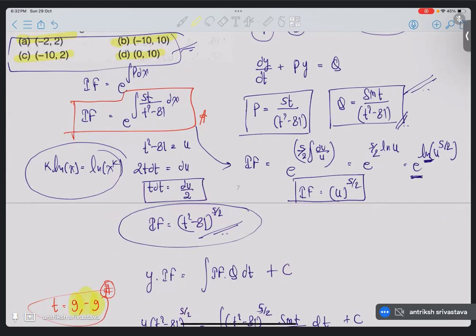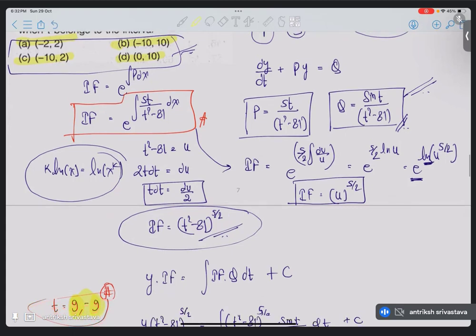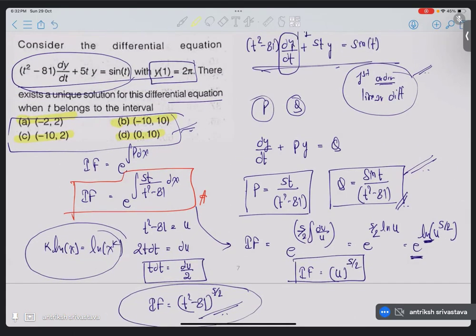If the range given to us does not include minus 9 and 9, then in that range the solution to this differential equation will exist, and that is what is asked: a unique solution to this differential equation for t belonging to which interval. So what do you think is going to be the answer? In which of these options don't we see the values minus 9 and 9 coming within the ranges?